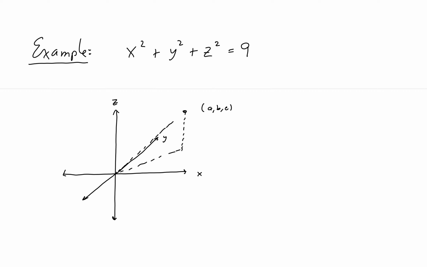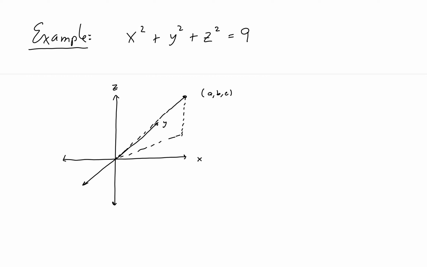So the distance of this line here, this is the distance from the origin, call that D. And we can see this height here is my Z value, so this is C. And now if I think of projecting this down, this would be my Y value, this would be B, and this would be A. So now, if I look at this distance here, that's just part of the triangle in the plane. This is A, this is B, so this is the square root of A squared plus B squared.